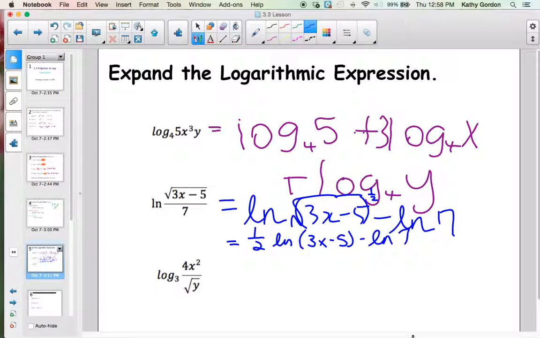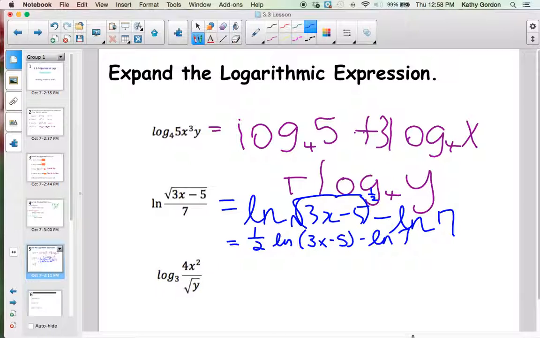So change the radical into an exponent of 1/2, then use the power property to bring the 1/2 down in front. In that case, we keep those parentheses there. So now am I expanded enough? Yes. So yes, we keep the parentheses there.